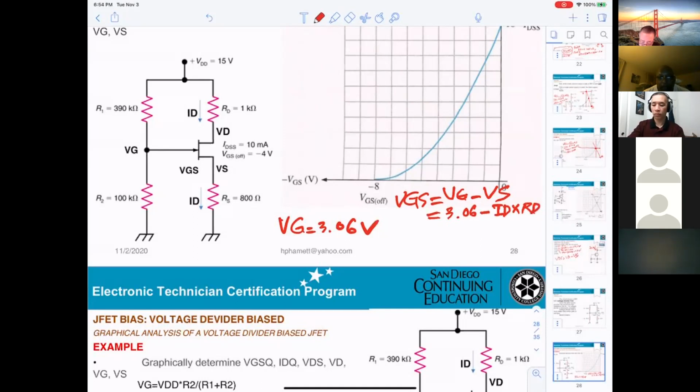That's VGS. And if you want to calculate ID, same way, you substitute VGS into the formula: ID equals IDSS times (1 minus VGS over VGS(off)) squared. Then you solve for the unknown ID. They don't want to do that calculation, so that's why they need the graphic.